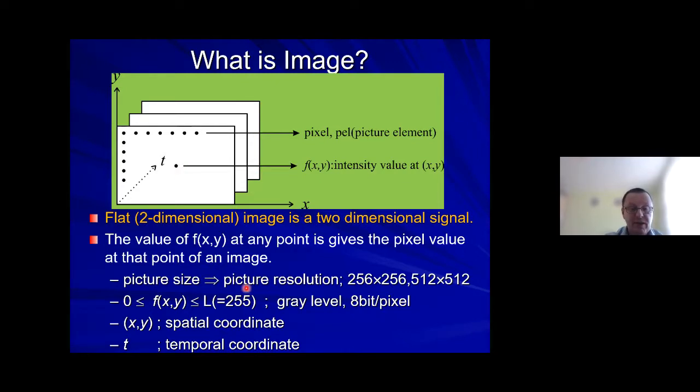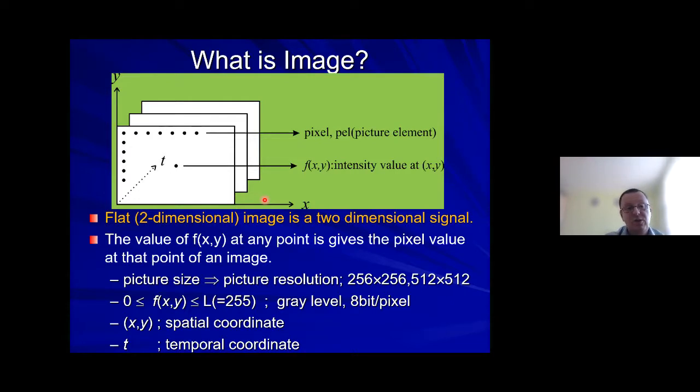So from here it's obvious that the vital characteristics of any image will be its dimension, or picture size, or picture resolution: the number of picture elements along the X and Y coordinates. This typically does not correspond to the physical dimension, which is typically measured in meters, millimeters, centimeters, and so on.